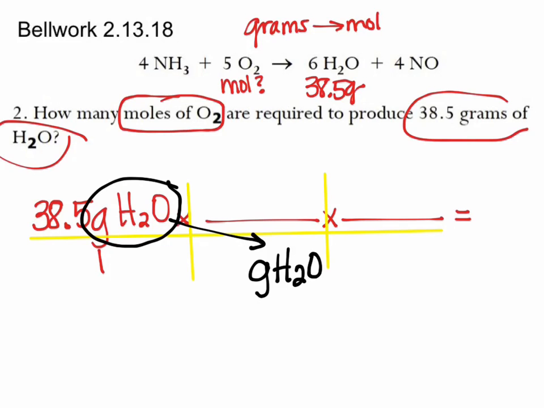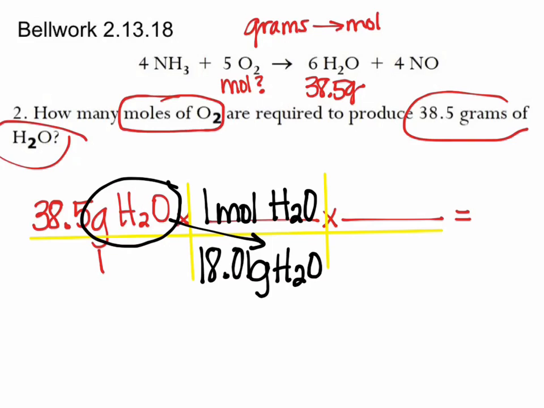So what is the molar mass of water? 18.01. Grams of H2O. And how many moles is that in? 1 mole of H2O. When you do grams, it's always over 1 mole.